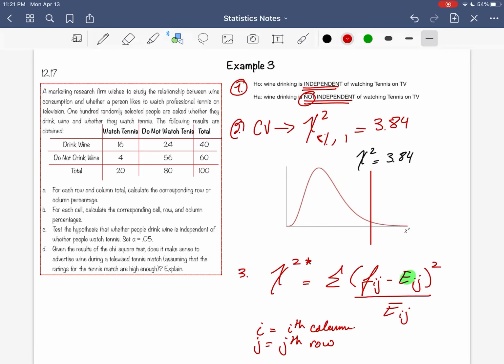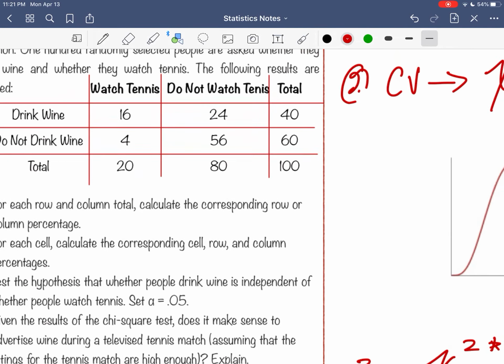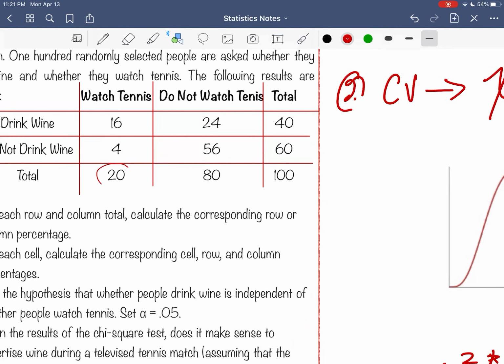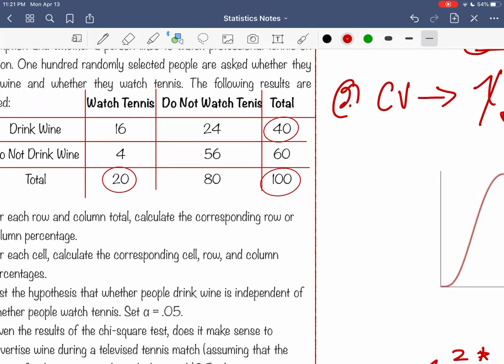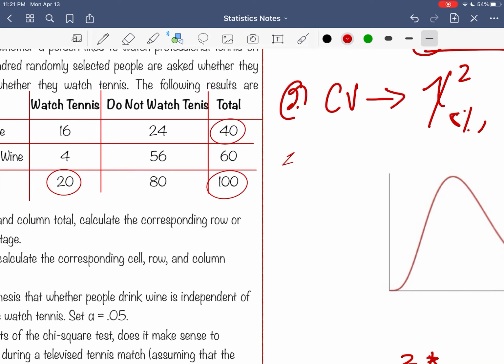What you want to do, very similar to what you did in probabilities, is you need to take the column total, multiply it by the row total, and then divide by the total. So in this particular case, 20 times 40 divided by 100 should give you 8, which stands for 8%.